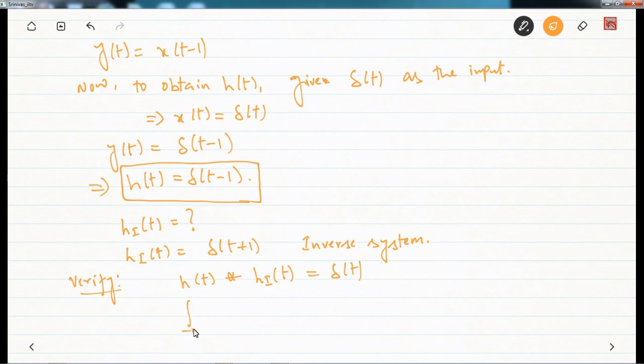How do you verify that? Integral from minus infinity to plus infinity, h of tau, hi of t minus tau, that is delta of t minus tau plus 1.